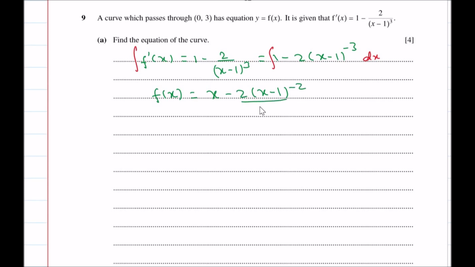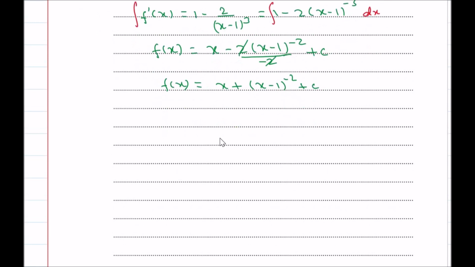Then we need to divide by this power minus 2, and constant of integration here comes plus c. Okay, so this equal to, now 2 cancel out, this minus minus becomes plus. So x plus (x minus 1) raised to the power minus 2 plus c, your f(x). F(x) is nothing but y.